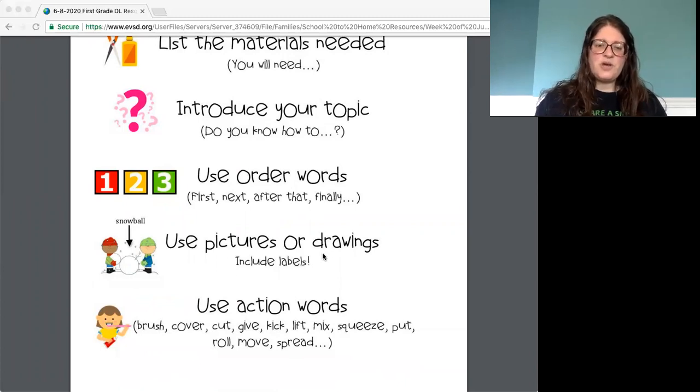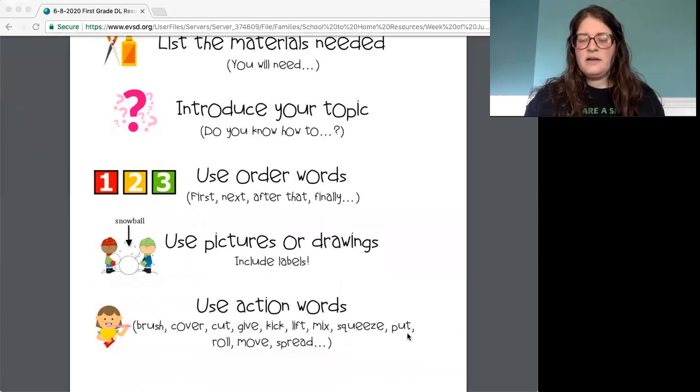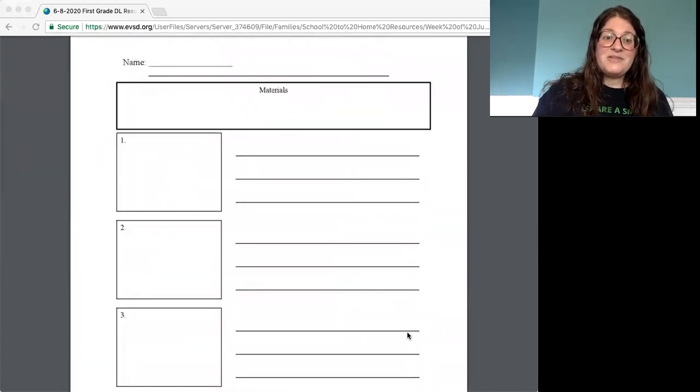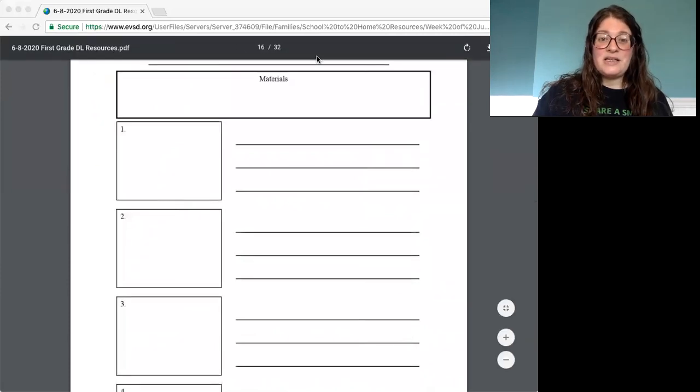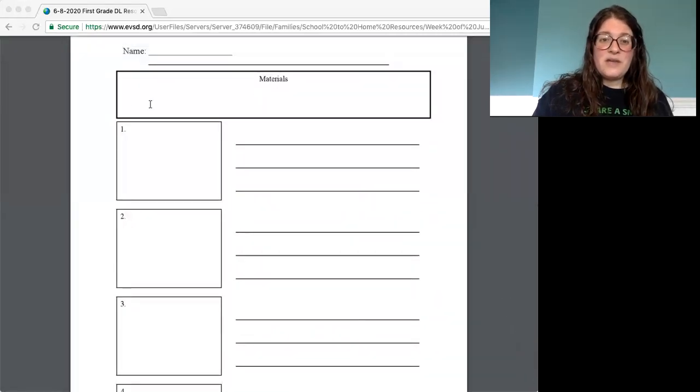Use pictures or drawings with labels. And action words: brush, cover, cut, give, kick, lift, mix, squeeze, put. You get the idea.